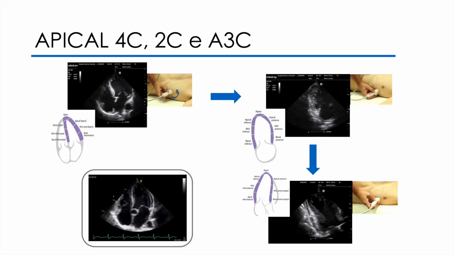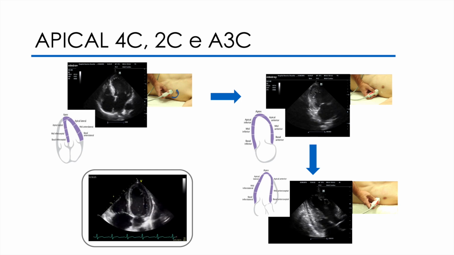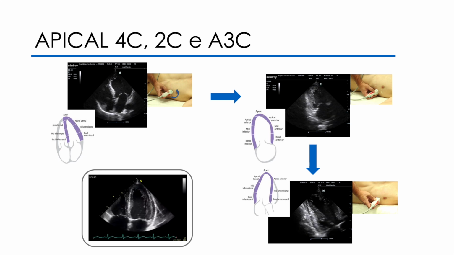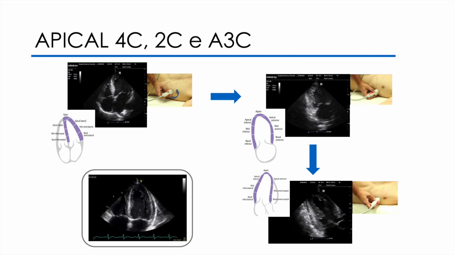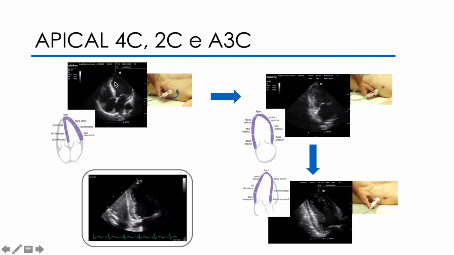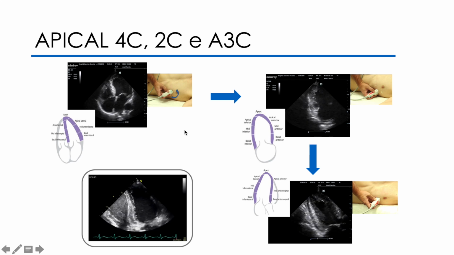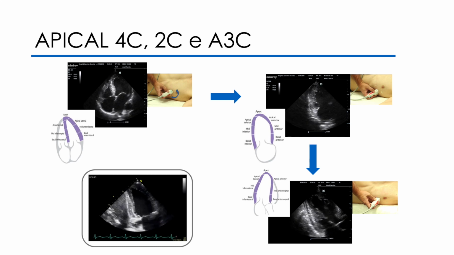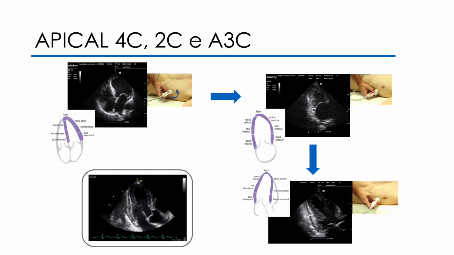I usually do a sweep, or I start again at 4-chamber apical view. I can see the contractility of the septum inferior and the lateral anterior wall. Then I angle the probe anteriorly again to a 5-chamber apical. I assess the interventricular septum anterior and the lateral anterior wall.